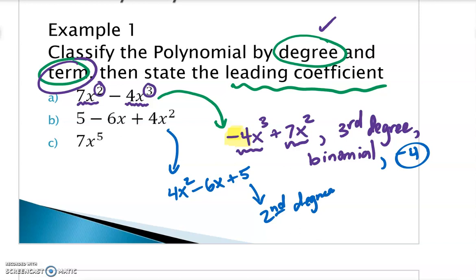Why? Because that's the highest exponent of any of the terms. This is going to be a trinomial because it has 3 terms, 1, 2, 3. And then lastly, state the leading coefficient. So the leading coefficient is 4.